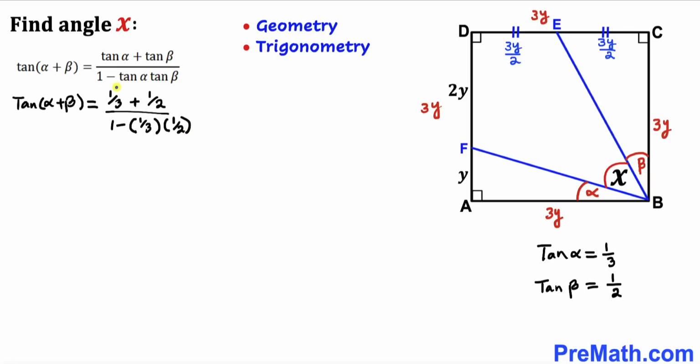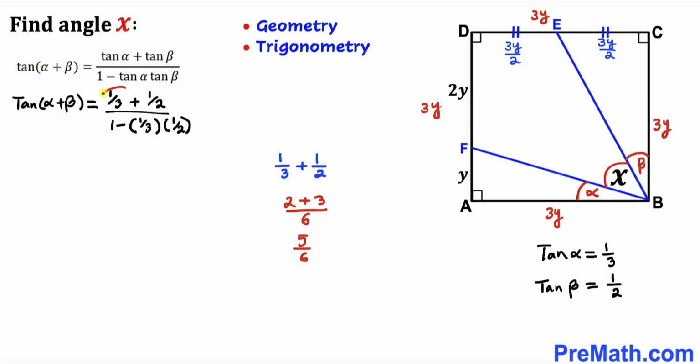Now let's focus on this numerator part. Here I have copied it down, and let me show you how to add these two fractions. We cross multiply: 1 times 2 gives us 2, plus the other way around, 1 times 3 is 3, divided by the product of the denominators, 2 times 3, which gives us 6. So this whole thing turns out to be 5 divided by 6.